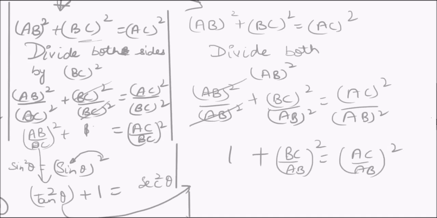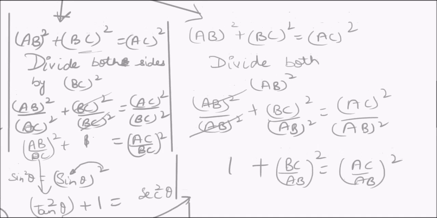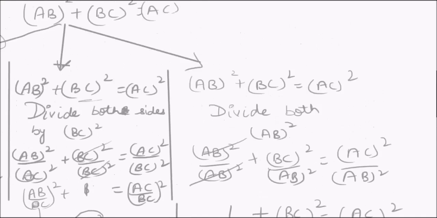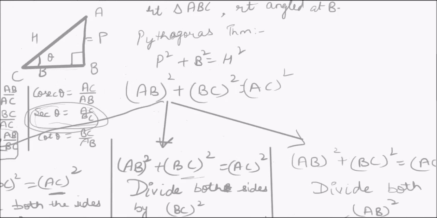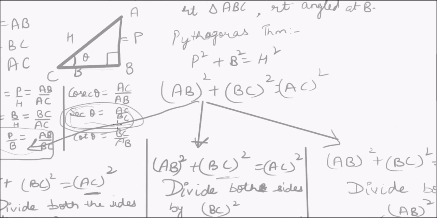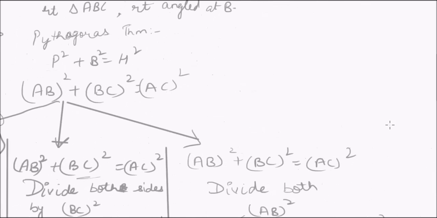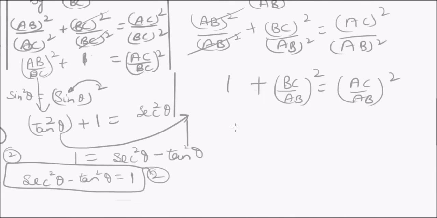Now let us find out what BC over AB and AC over AB are. Friends, BC over AB is cot theta and AC over AB is cosecant theta. So the first part is cot square theta, thanks to this 2 over here, and the second part is cosecant square theta.